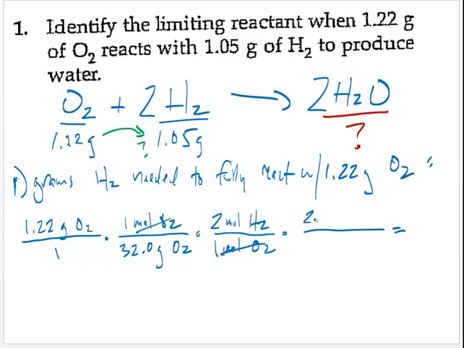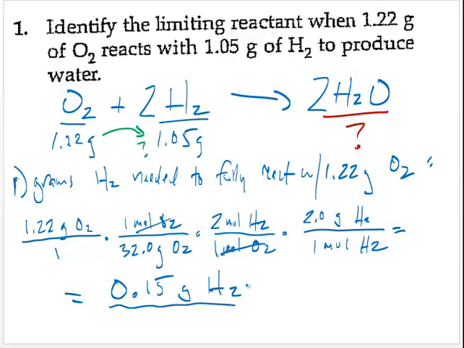So the molar mass of H2 is 2.0 grams over 1 mole. Okay, and when we do out this math, what you're going to hopefully come up with is 0.15 grams of hydrogen.